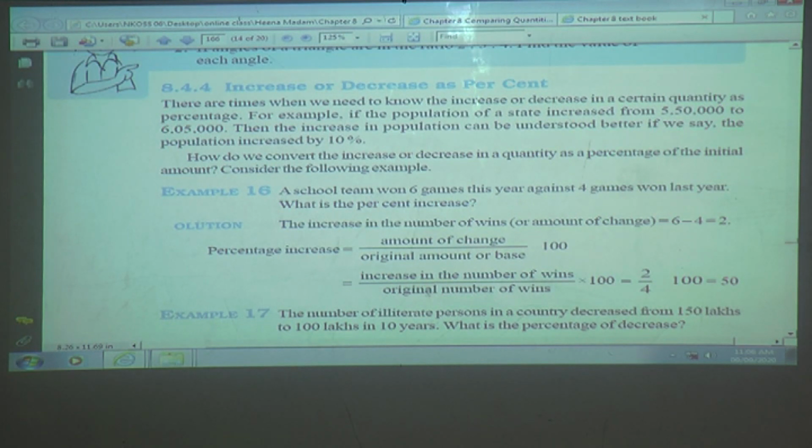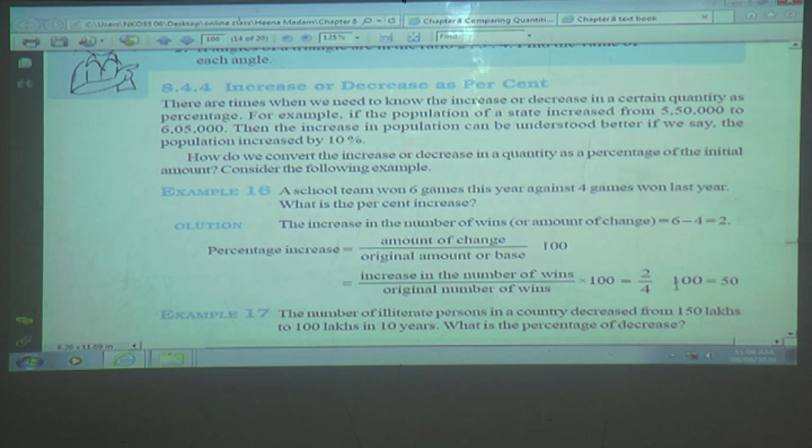The increase in the number of wins is 2, and the original number of wins is 4, as it is already given that they had won 4 games. So we write 2 upon 4 multiplied by 100.